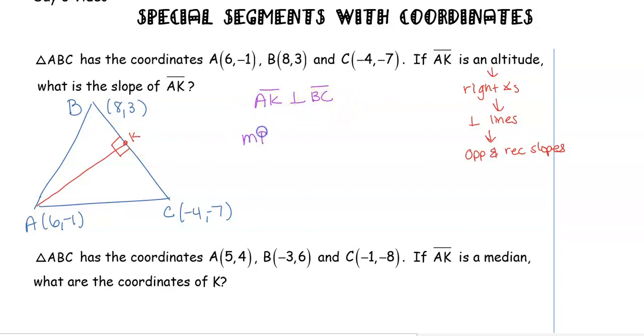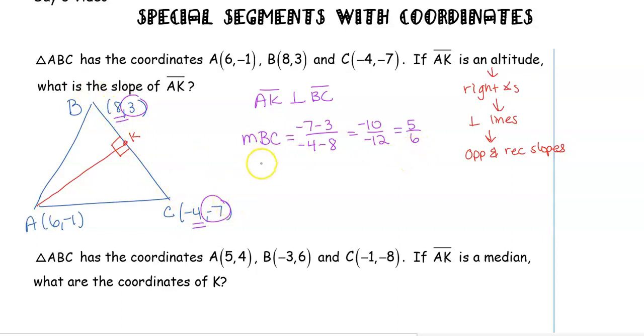So I start by finding the slope of BC, and we know in our slope formula, we subtract the y coordinates on top, the x coordinates on the bottom. So we've got -7 minus 3 on top, and the x coordinates on the bottom, -4 minus 8, gives us -10 over -12. We always reduce, which gives us 5/6. So the slope of BC is 5/6.